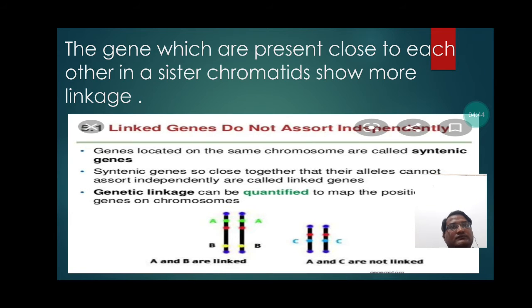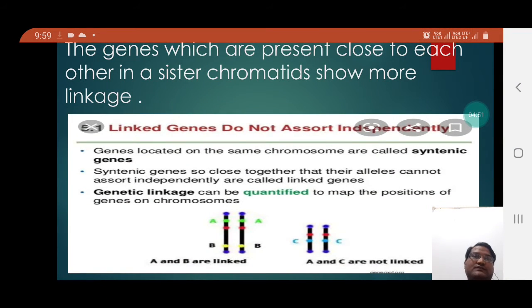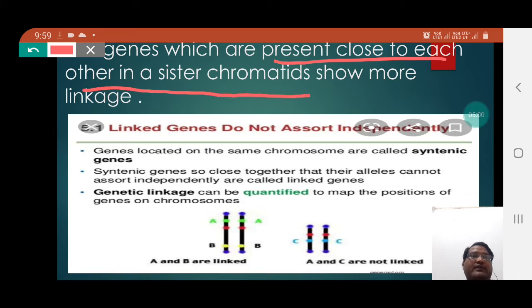Genes which are present close to each other in a sister chromatid show more linkage. We studied this point in the last slide: if genes remain quite close to each other, they show more linkage.